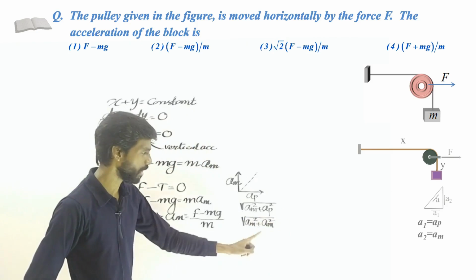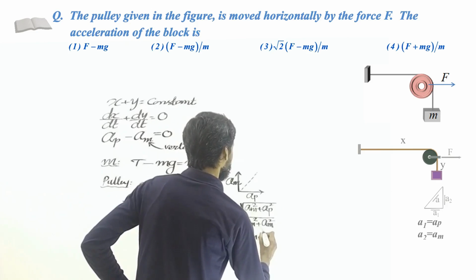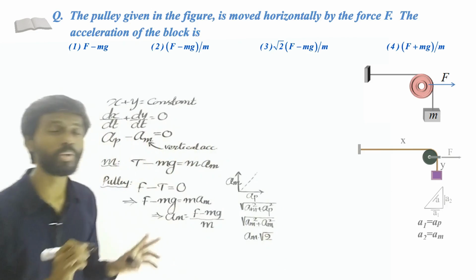So this is am multiplied by root 2. This is the total acceleration.